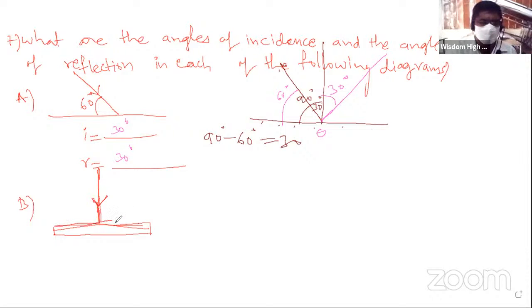This is the plane surface. One light ray is incident here. So we identify what the angle of incidence is and what the angle of reflection is. If any light ray is incident at 90 degrees to the plane surface, it reflects back along the same path.